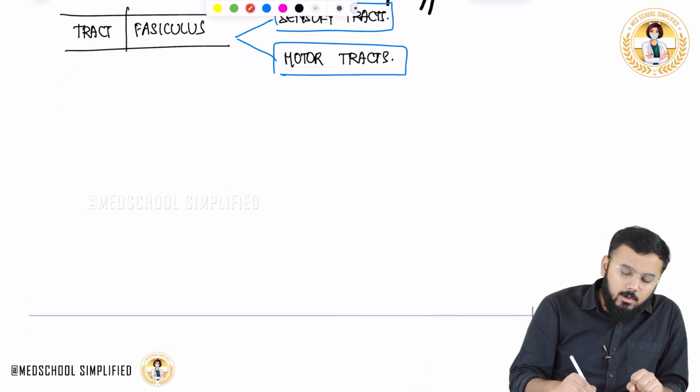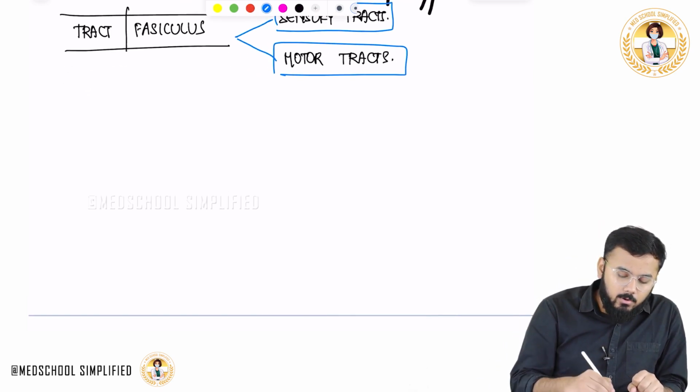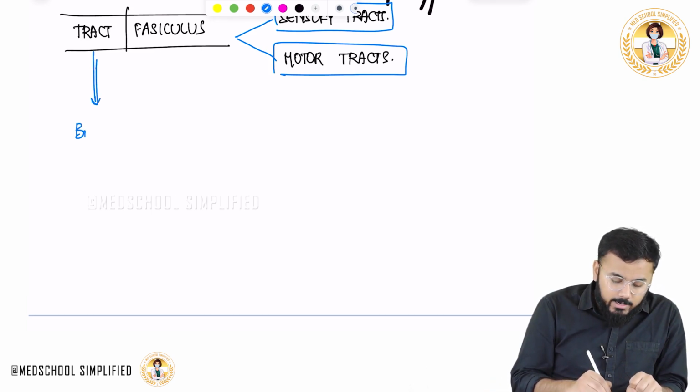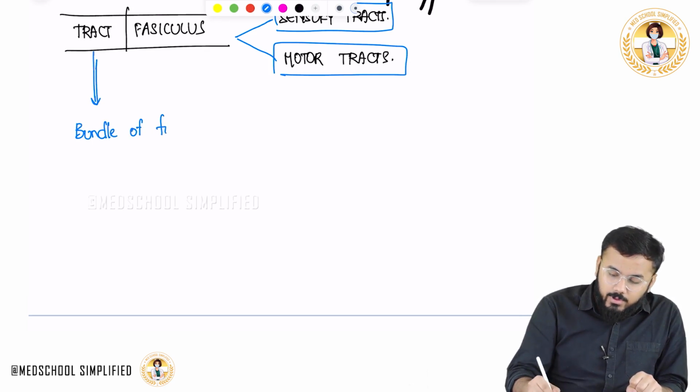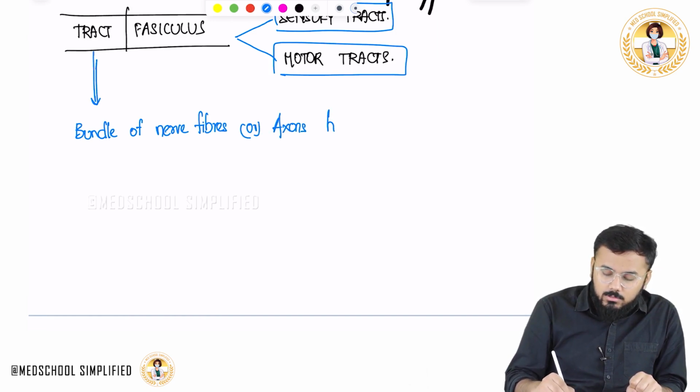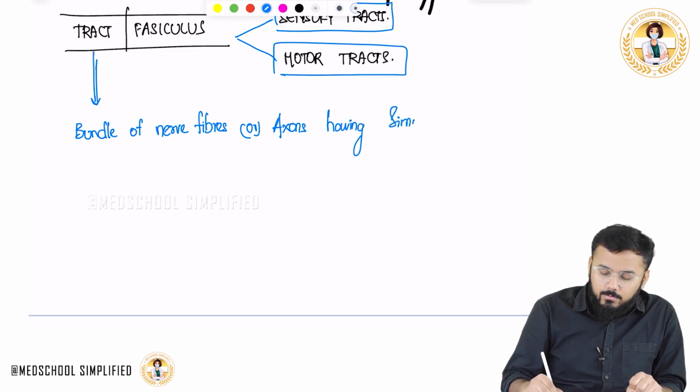So let us write down, for notes purposes, the definition of a tract. A tract is nothing but a bundle of nerve fibers, or you can also call them axons, that are having similar origin.